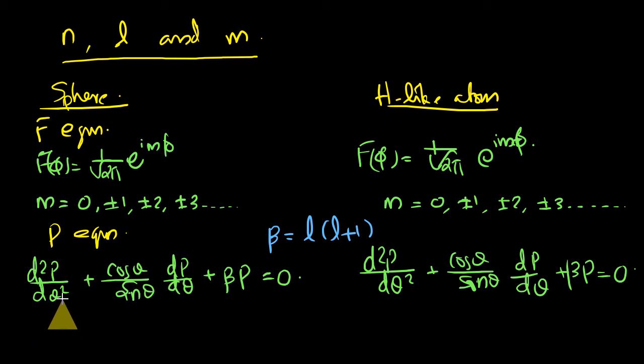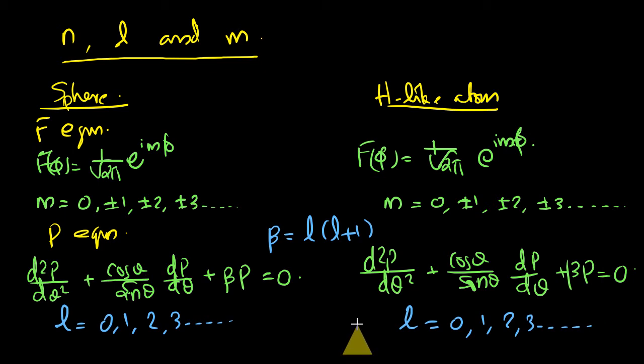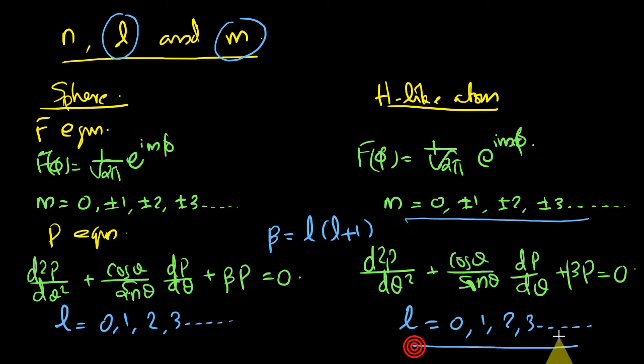You may remember that we established that L is equal to 0, 1, 2, 3, etc. These are the possible values of L. The same considerations apply in the hydrogen-like atom, so L is also 0, 1, 2, 3, etc. So in both cases, the particle on a sphere and the hydrogen atom, the F equation and the P equation are similar, and we encountered two numbers, L and m. We established their nature in the particle on a sphere, and the same can be established here, so we already know the nature of m and L.